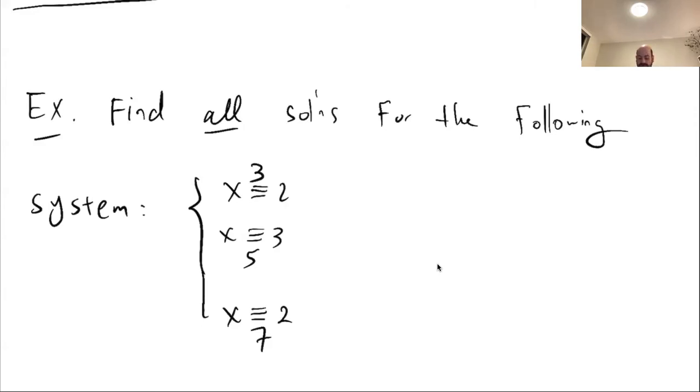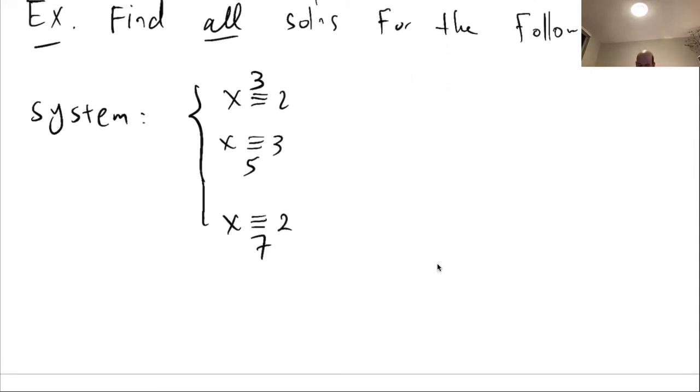So solving each of these 3 congruences is very easy, but we are looking for the values of X that satisfy all 3 of them at the same time, not separately.